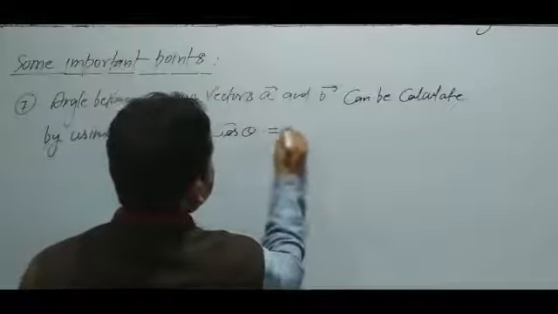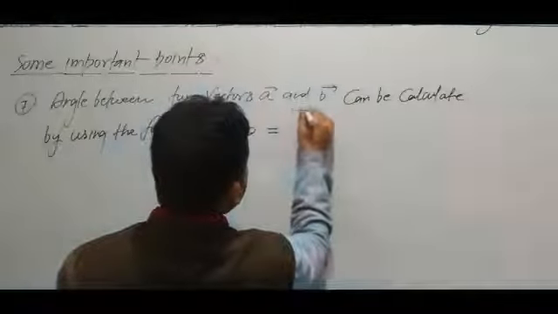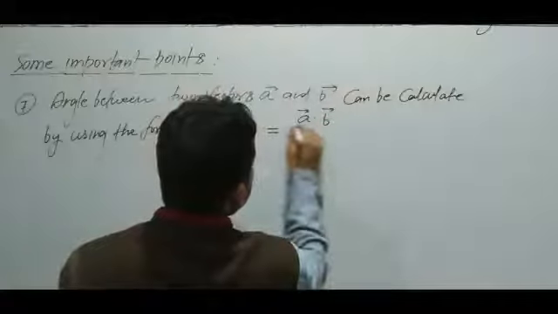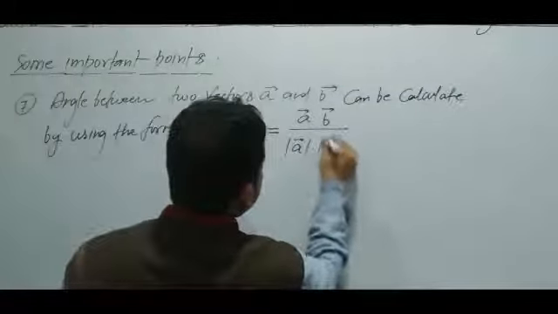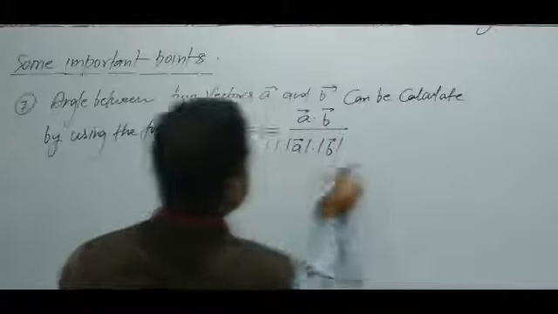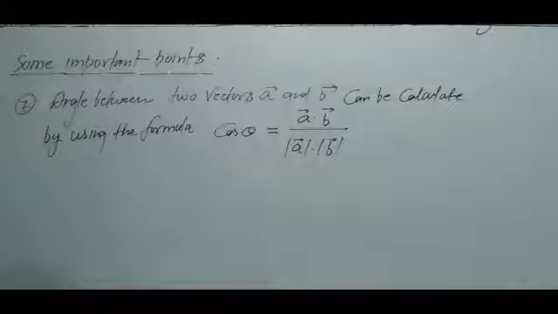Cos theta is equal to vector A dot vector B whole upon the modulus of A into the modulus of B. So this is the formula. With the help of this formula we can calculate these angles.